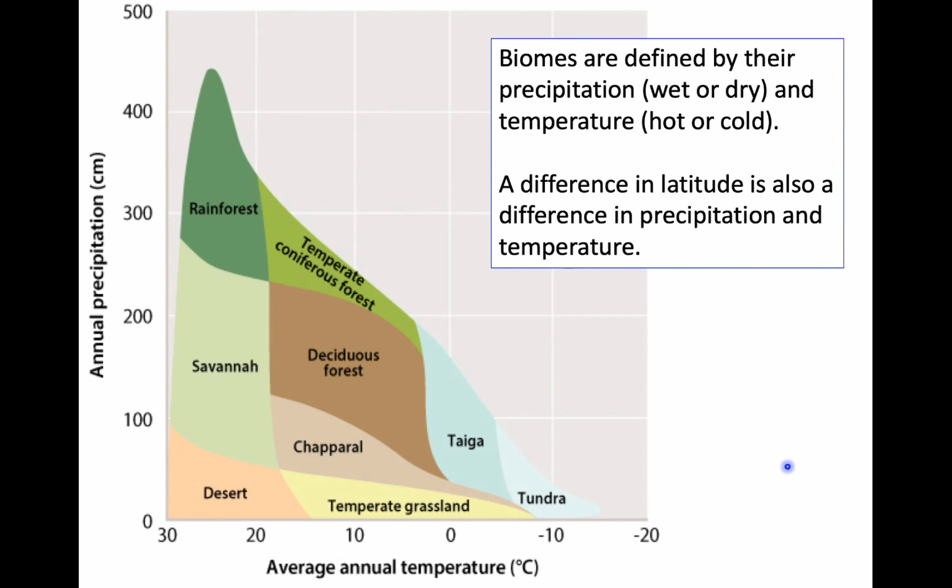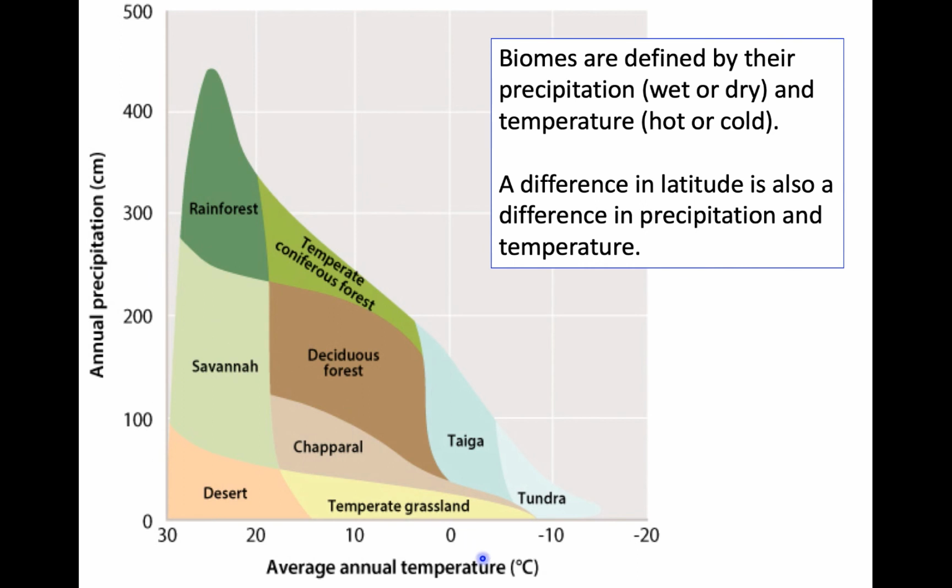And we can get a little bit more precise by defining biomes by precipitation, which is shown here on the y-axis, and temperature on the x-axis. And we just said that biomes have a latitudinal pattern, and that pattern is caused because different latitudes tend to have different precipitation and different temperature.